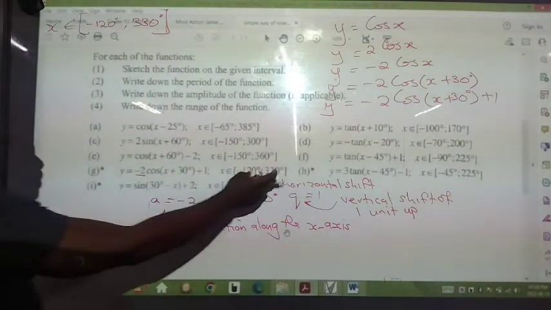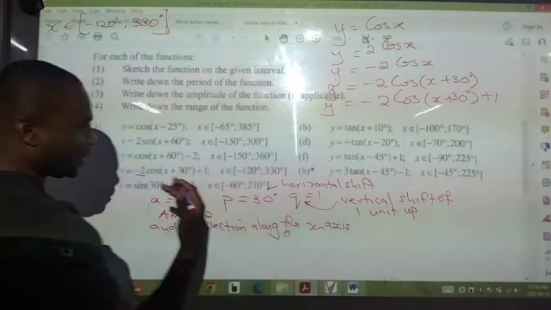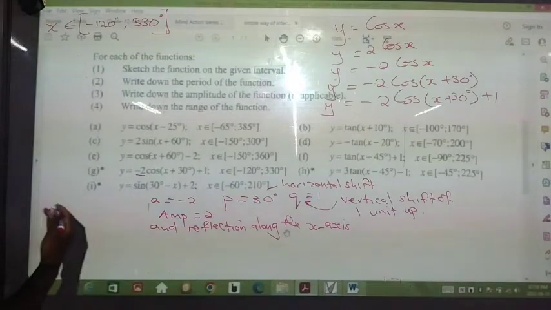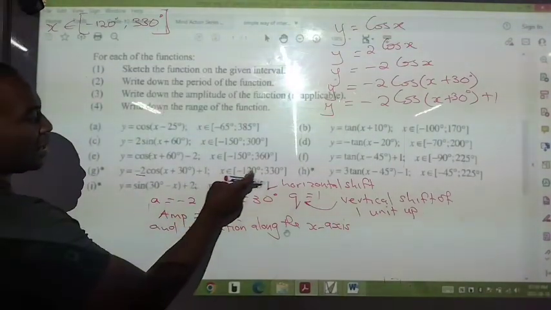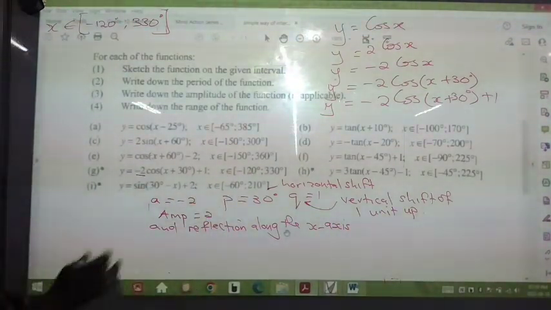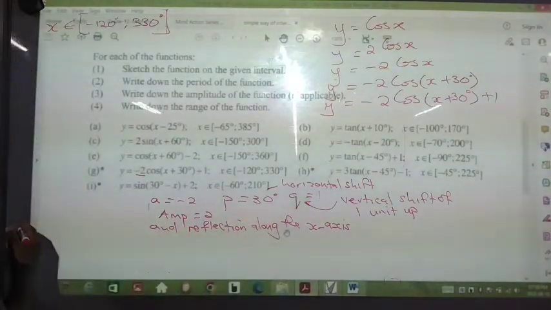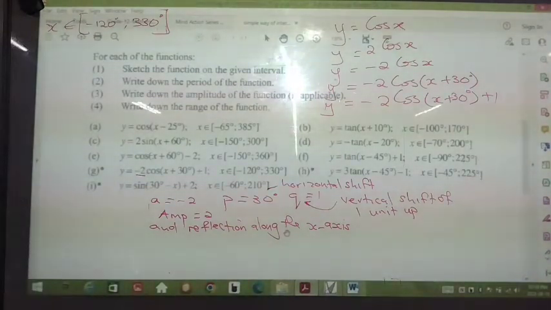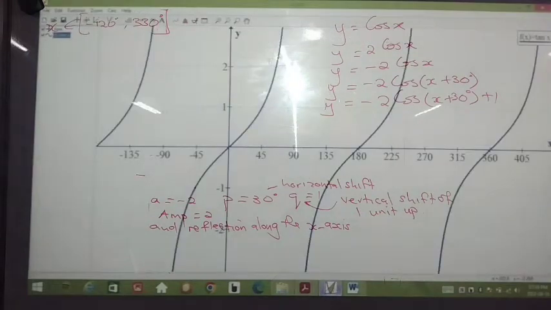So you can see the 330 is from 360, 30 degrees to the left. And negative 120 is from negative 90, we are shifting 30 degrees to the left. So on our drawing, we can accommodate by starting from 180 to 360.